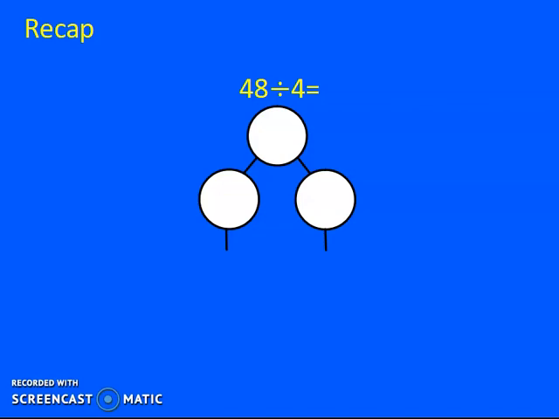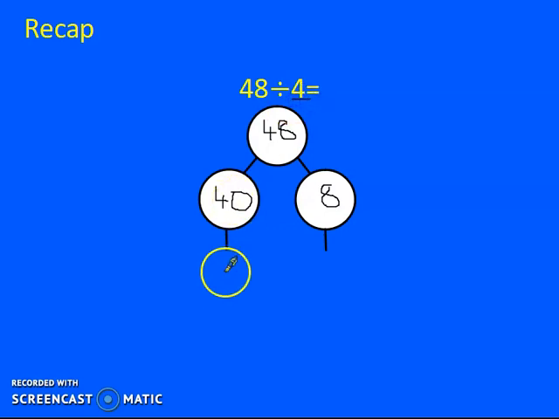So let's do a little recap of how we divide using the part whole method. So the number that we have is 48. How can we partition this number? We can have 40 here and we can have 8 over here. And we are dividing it by 4.